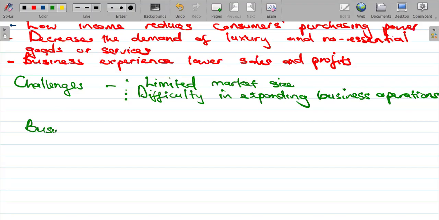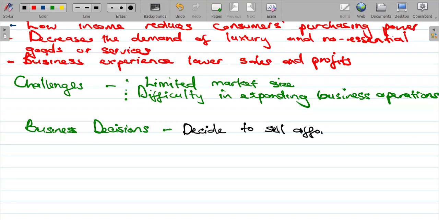The business may decide to sell affordable products so that they can increase sales and profit, so that there is sustainability of the business.